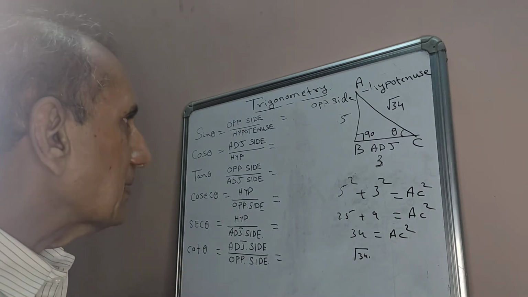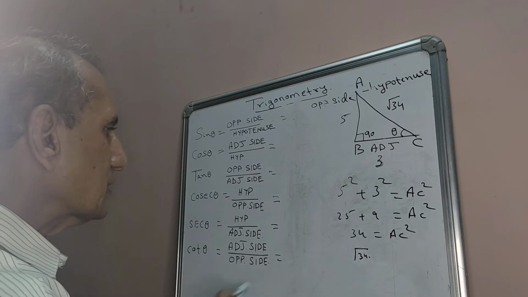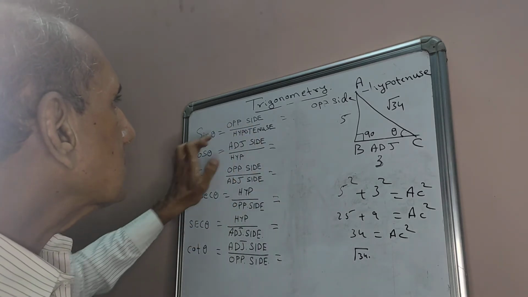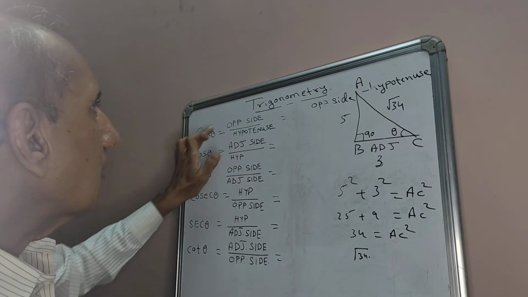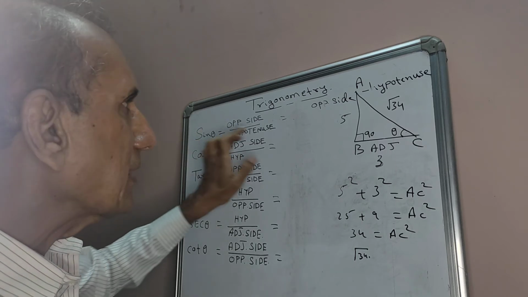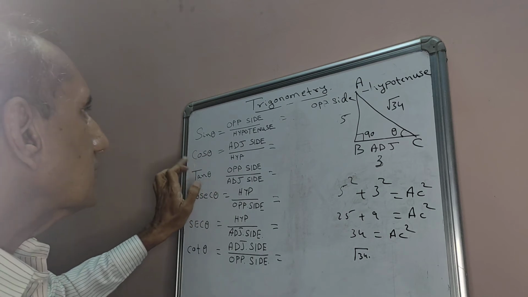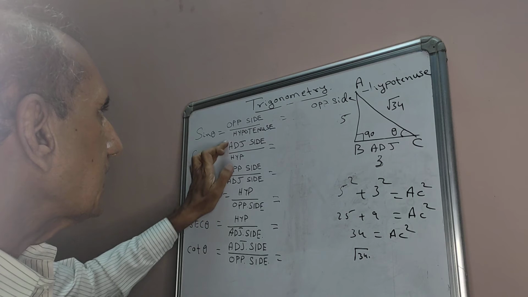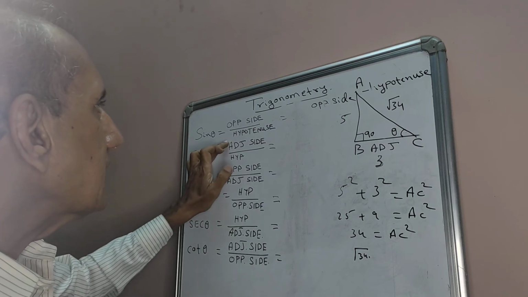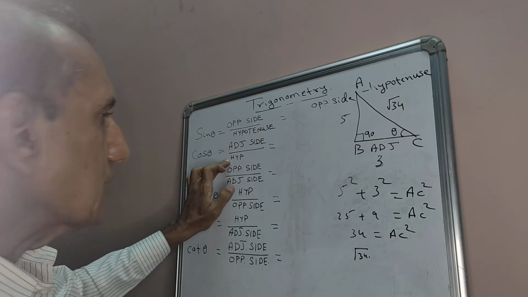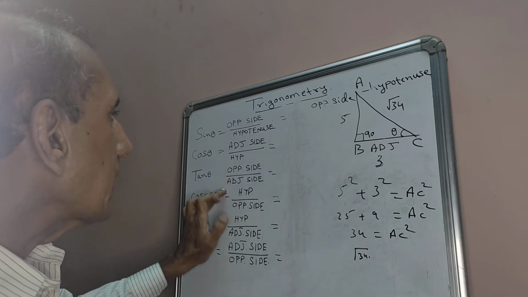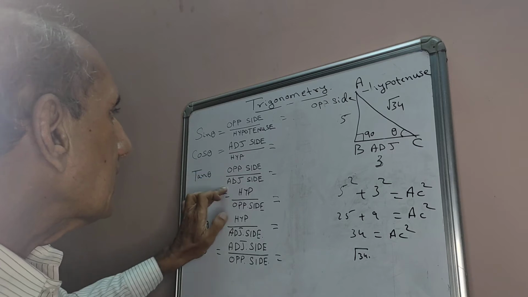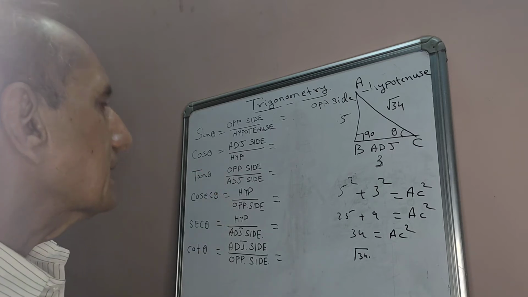So what you need to remember is how these 6 ratios are defined. Okay, as I told you, the shortcut would be SOH. Sin theta is opposite side by hypotenuse, SOH. Cos theta is adjacent side by hypotenuse, CAH. Tan theta is TOA: tan theta is opposite side by adjacent side.